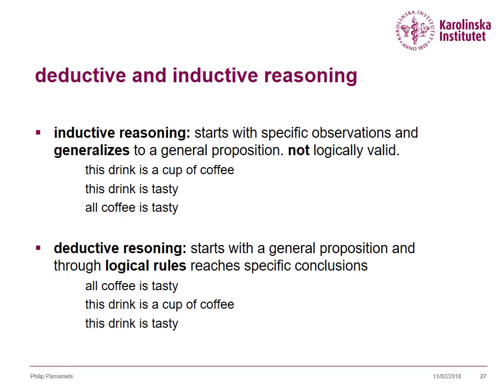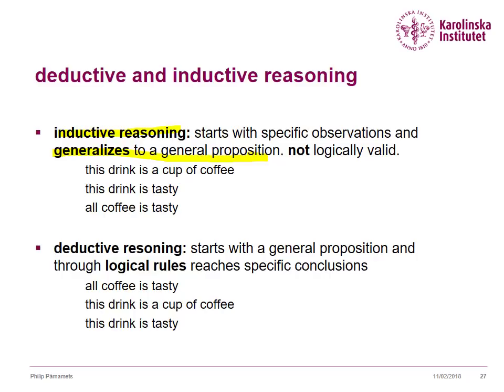To begin with, we can distinguish between two types of reasoning. One is inductive reasoning, and inductive reasoning is characterized in that it starts off with specific observations and then attempts to generalize to a general proposition.